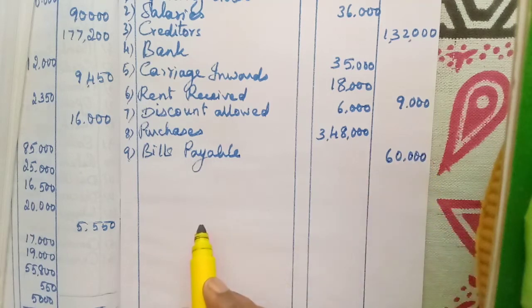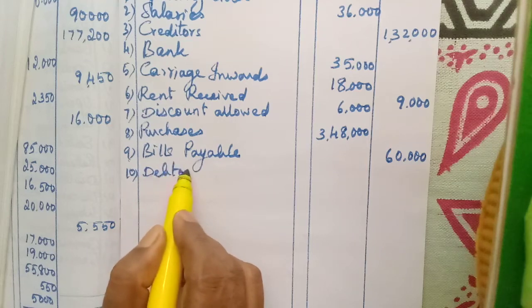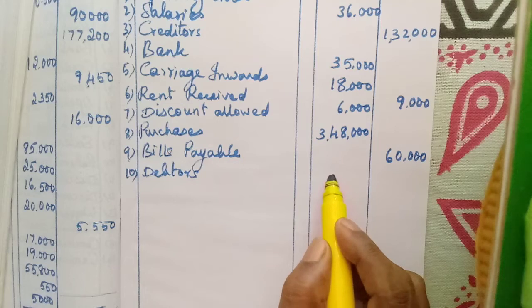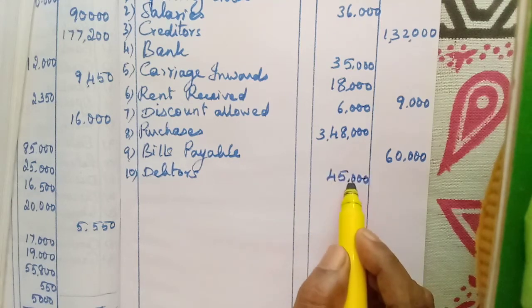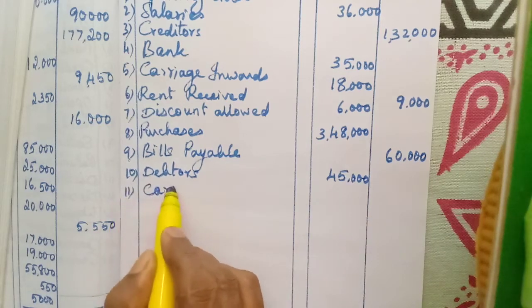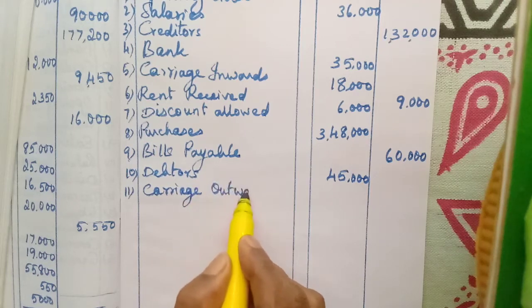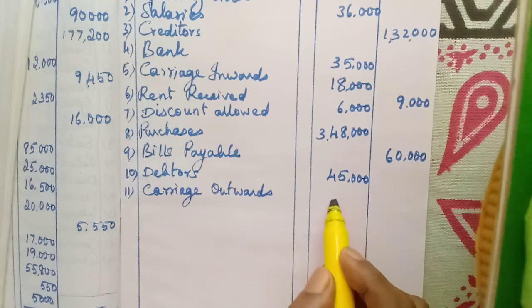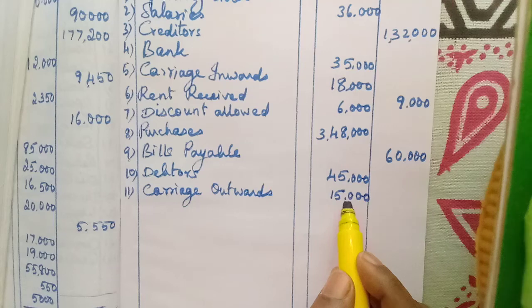Okay. Debtors. Debtors asset. Okay. 45,000. Carriage outwards 15,000. It is one expense debit. Capital.